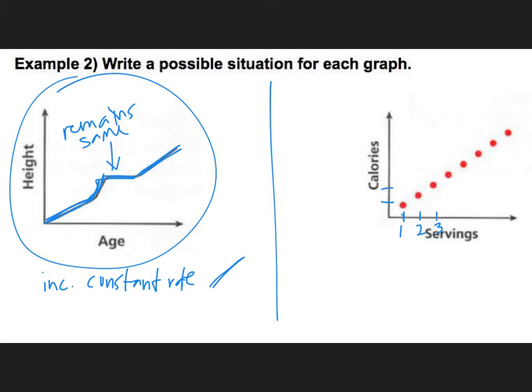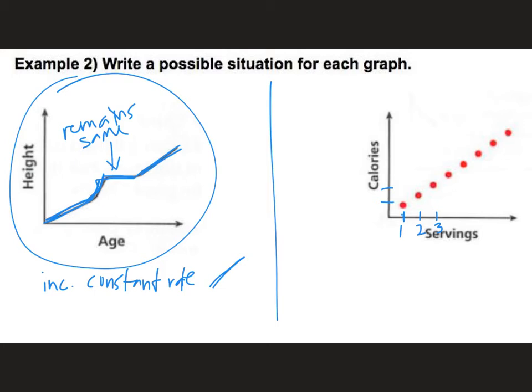Now this is an important question to ask, and this is something that makes Functions such a great unit. Functions is going to be a lot of conversations and proving your story with what you're thinking. So in this one, I noticed that this graph is discrete, which means we've got our separate points. But if we think about, could I eat 1.5 servings of something?